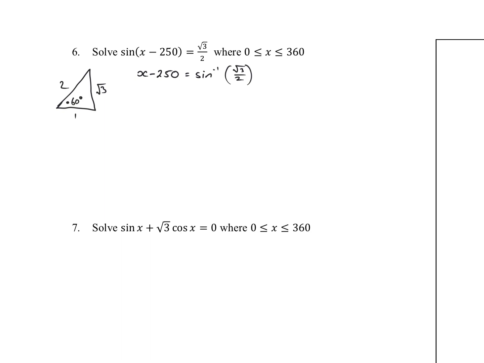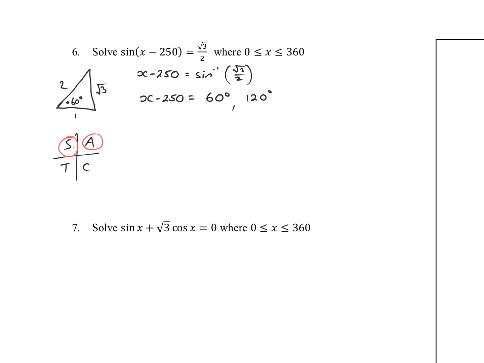So then x minus 250 is equal to 60 degrees, but we need to think about the fact that it was positive, so we need the first and second quadrants. So it can be equal to 60 or it can be equal to 120. Everyone happy with that part?